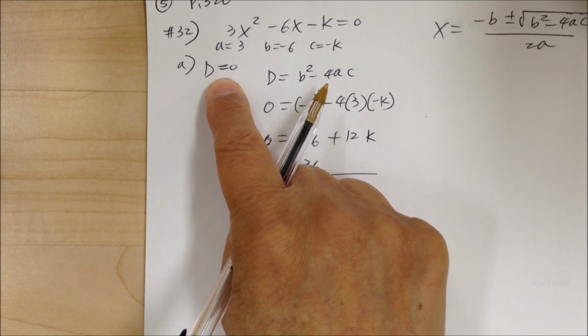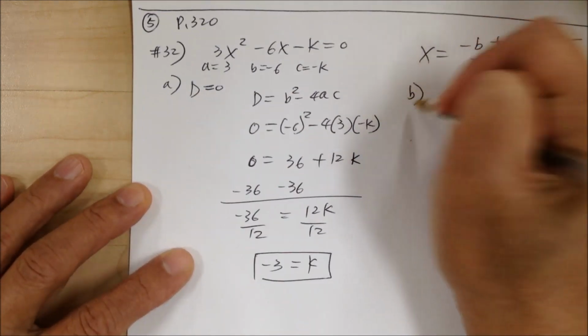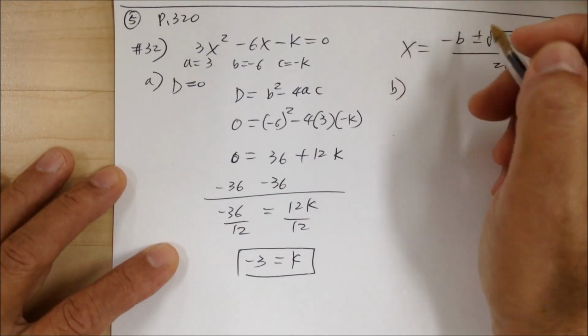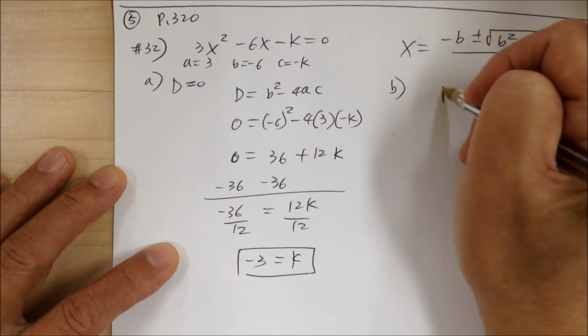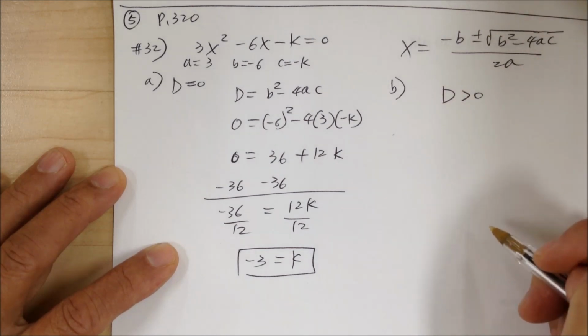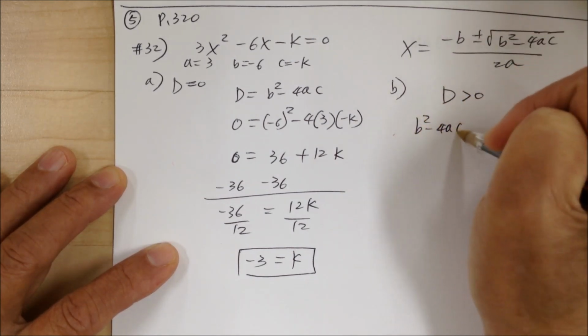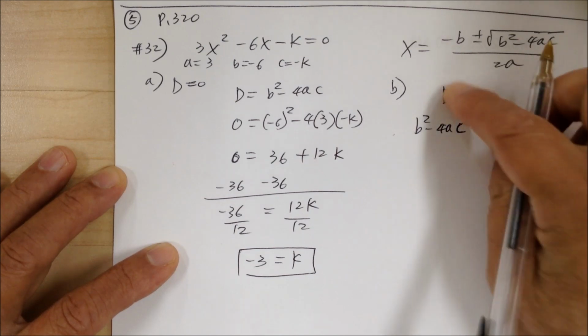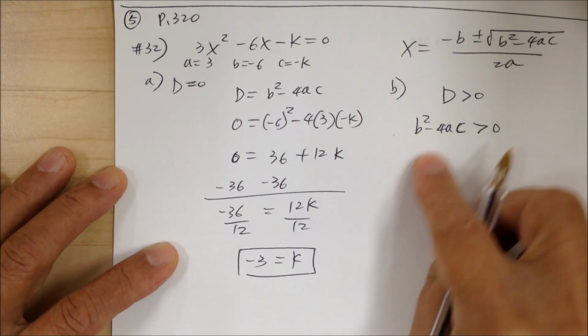And if you're going to get two different real roots, so for part B, to have real roots, that means D has to be greater than 0. Okay? When you substitute, right? So you're going to get b squared minus 4ac is greater than 0. Right? Again, that's what D is equal to. You substitute. Okay? And again, you did all this already.